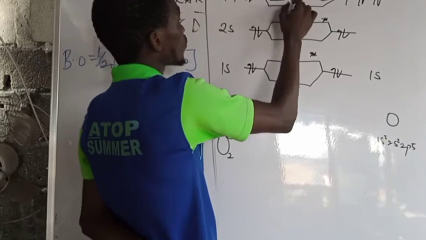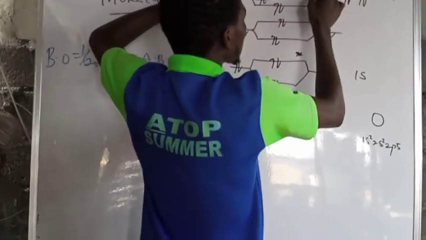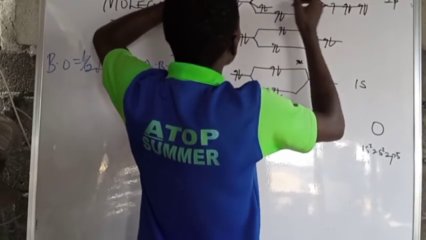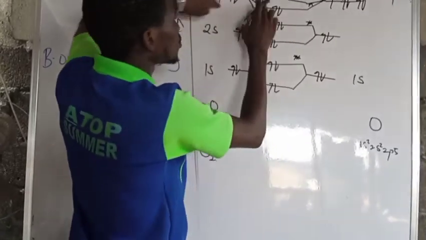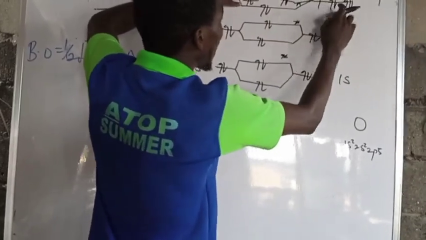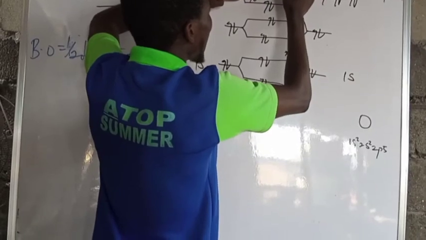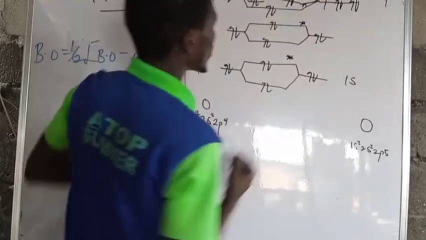For this we have 1, 2. Then the second one moves here, 1, 2. Then this will move here, this will move here. So let's pick 2 from this place: 1, 2. The second one, 1, 2, and the last we have 1. And here is pi asterisk.